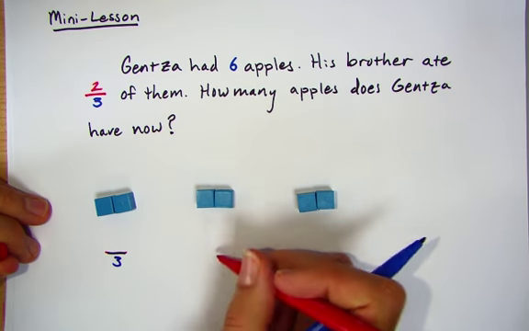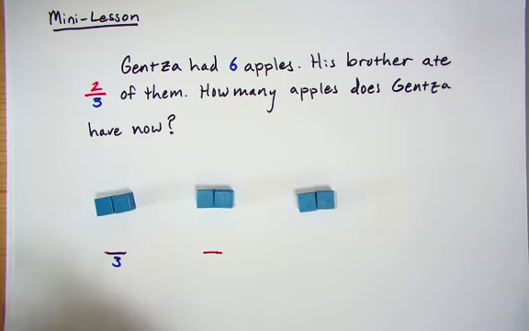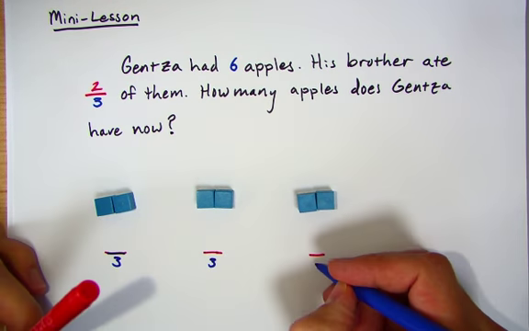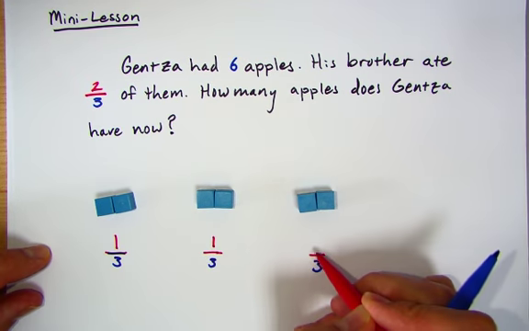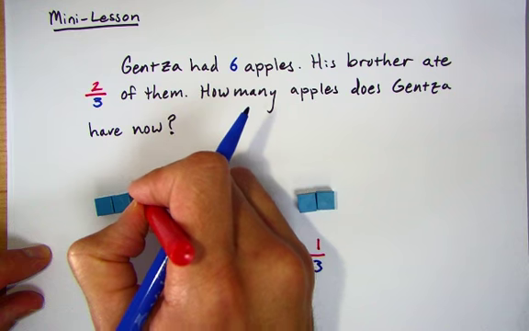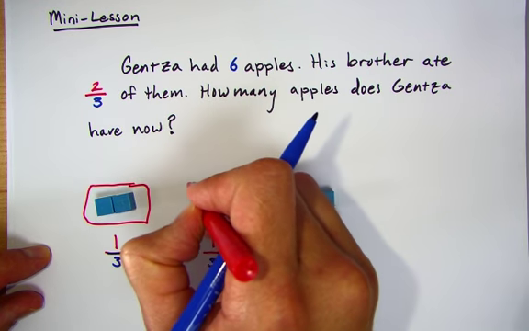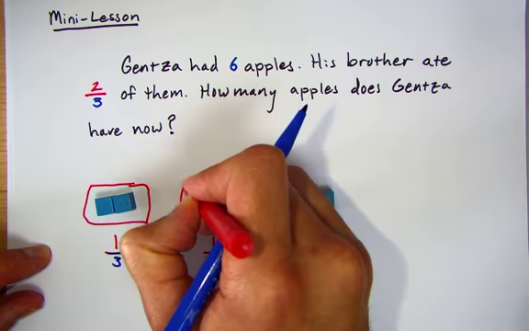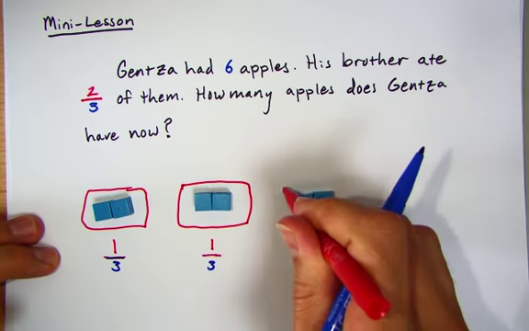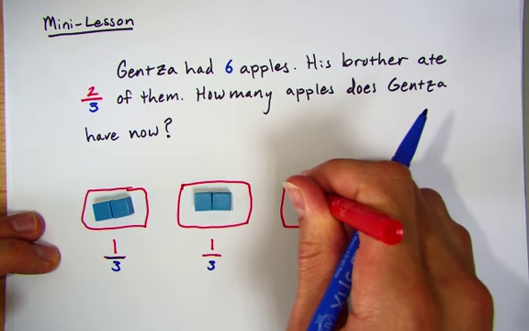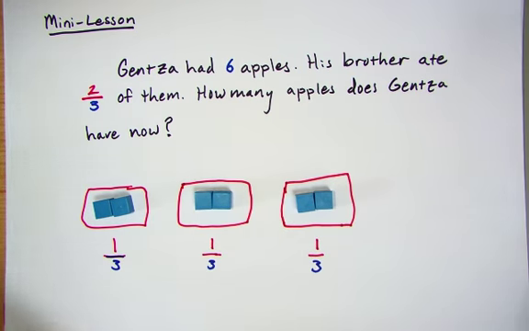That's okay. 3 and 3. So this is actually 1/3, 1/3, and 1/3. Let me draw a little circle around it and show really that we have 1/3 for each 2 blocks. Okay, so we have 1/3 here, 1/3 here, and 1/3 here.